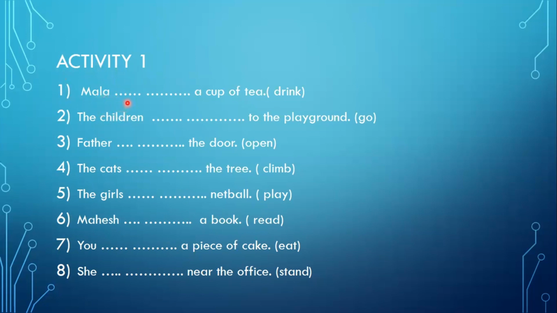Mala is. Then you have to change the verb within the bracket into present progressive tense. Drinking. Then you have to write it here. Mala is drinking a cup of tea. It's so simple. Hope you have understood. Now you can pause the video and do the activity.